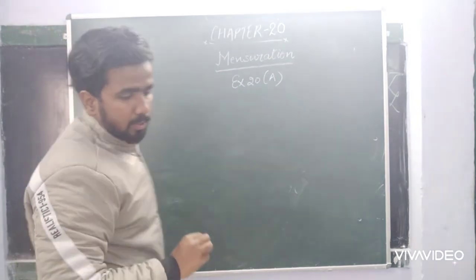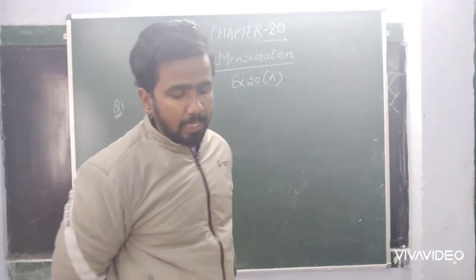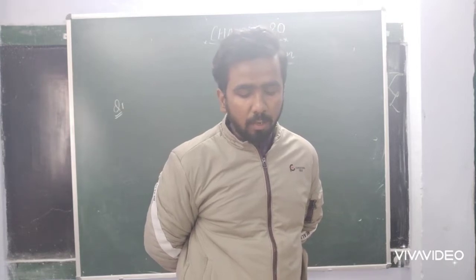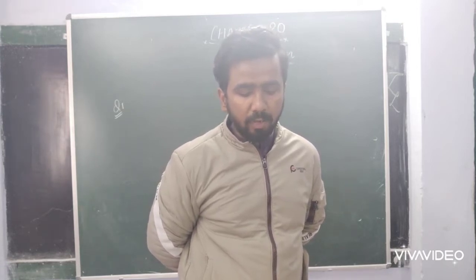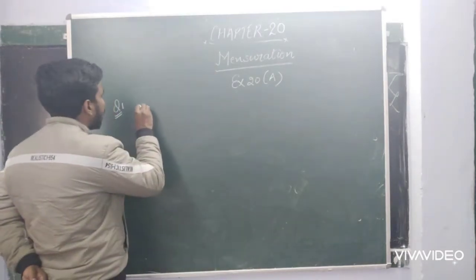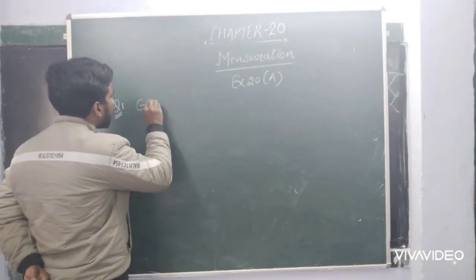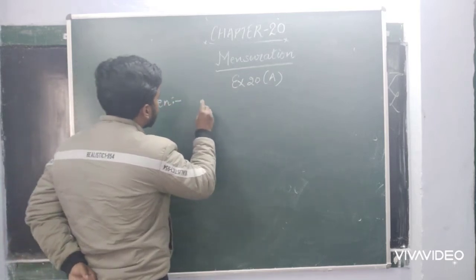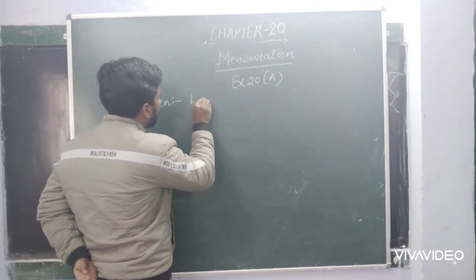The question is saying to us, the length and breadth of a rectangular plot are 135 meter and 65 meter. So I am writing the given things instead of writing the question, which is helpful for us to solve.